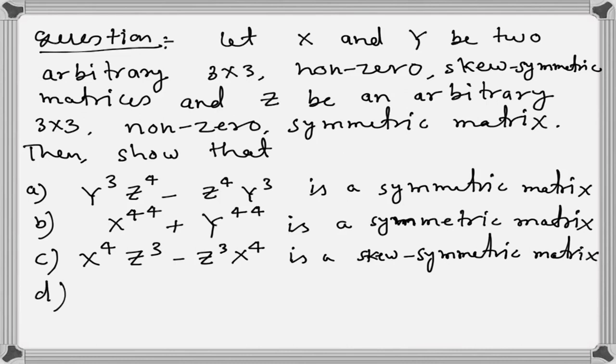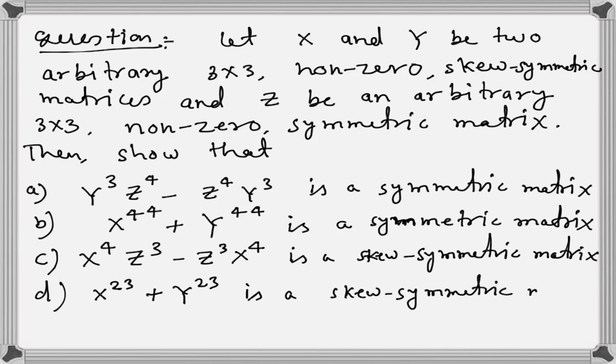Part D: X to the power 23 plus Y to the power 23 is a skew symmetric matrix. Okay, so this is the problem.